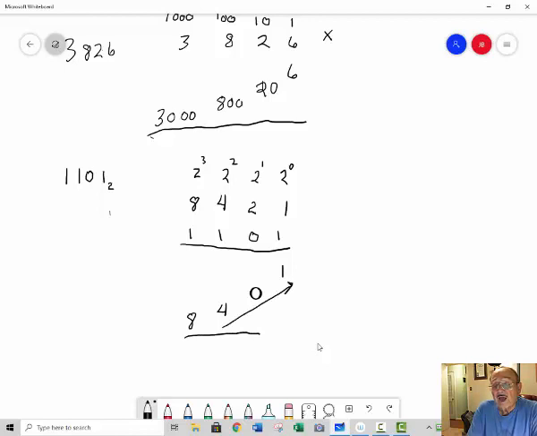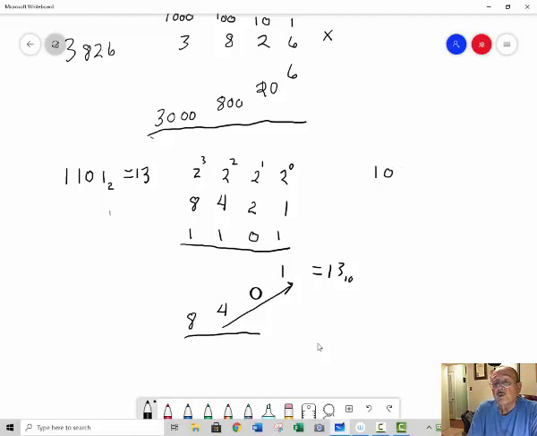And what I'm going to do is add those, and I'm going to add in this direction. Okay, so 8 plus 4 is 12, plus 1 would be equal to 13, base 10. So our number 13 is written in base 2, 1101.